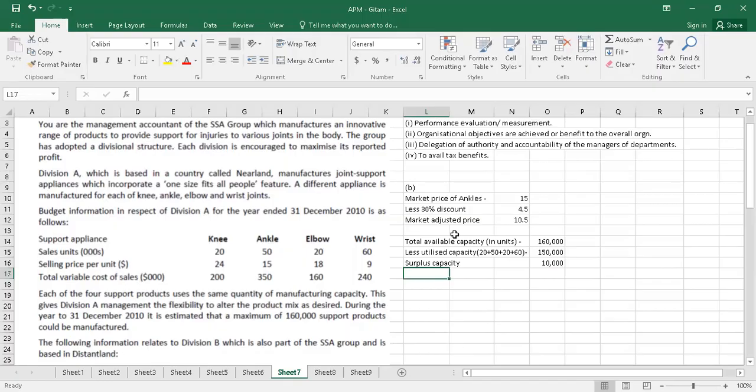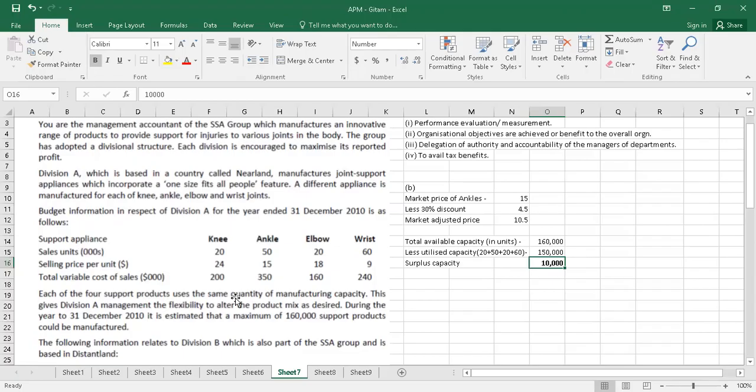Other additional information, let's also highlight that part of it. Now we have to discuss whether reducing the price to 10.5 from 15 would be feasible for them. So that is what we have to discuss. What other quantitative information do we have? We have selling price given. We also have the variable cost, given as total variable cost.